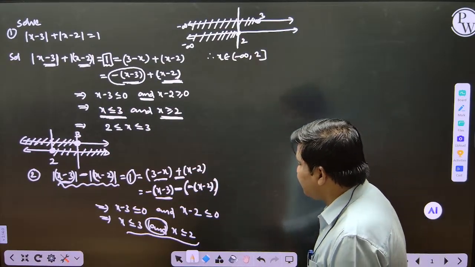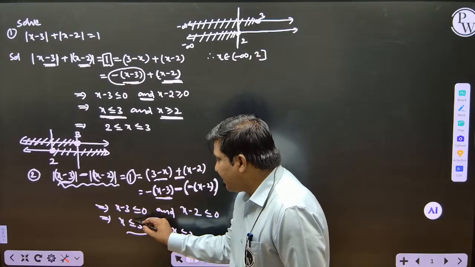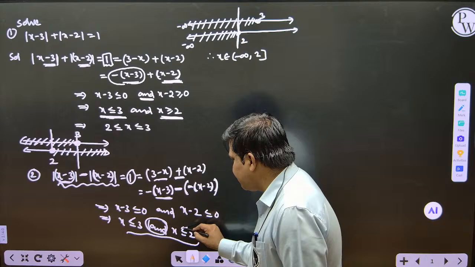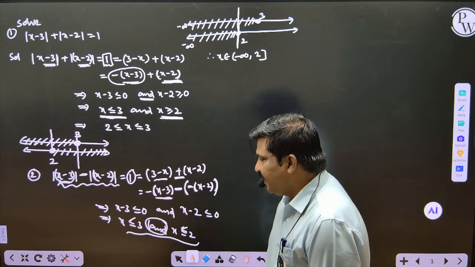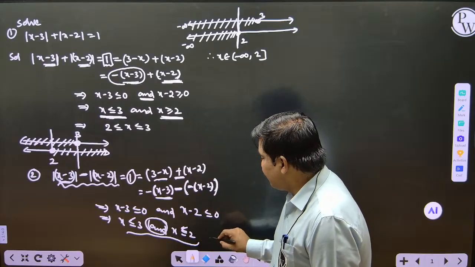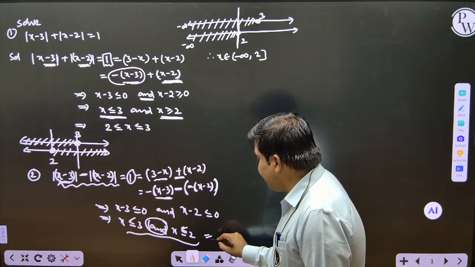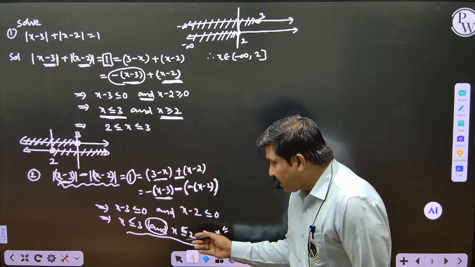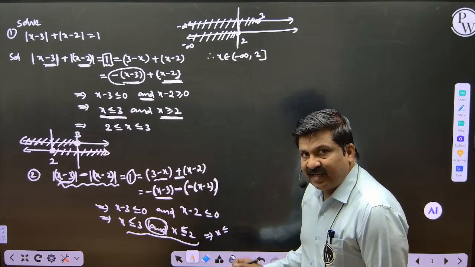Or otherwise you can do one thing. What is the inequality here? Both the inequalities are less than or equal to type. When both the inequalities are less than or equal to type, the common inequality will also be less than or equal to type.